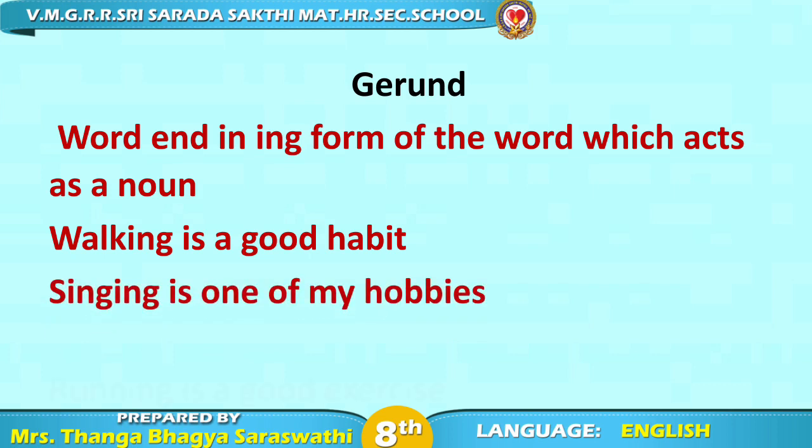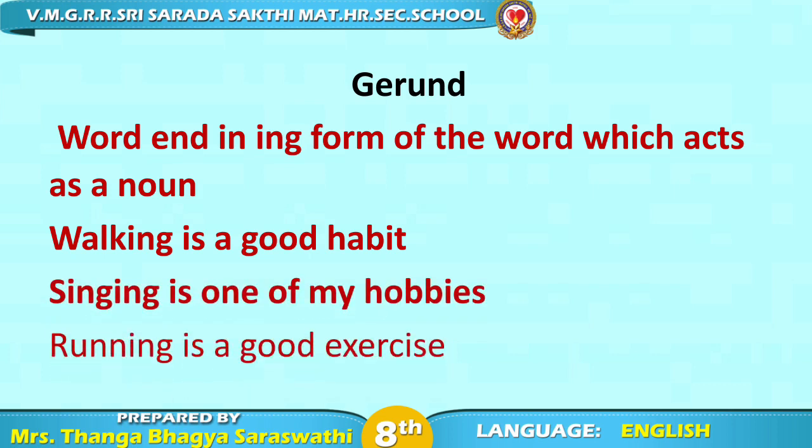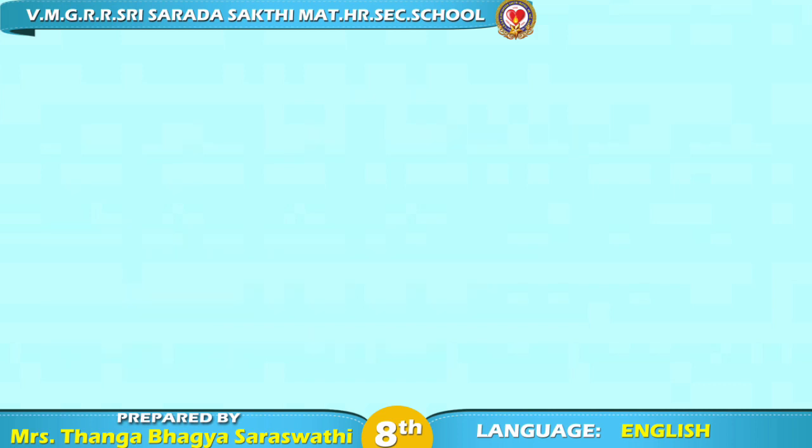Singing is one of my hobbies. Running is a good exercise. So here walking, singing and running are called gerund. These three words act as a noun. Here walking is a noun, singing is a noun and running is also a noun. So it is called gerund.